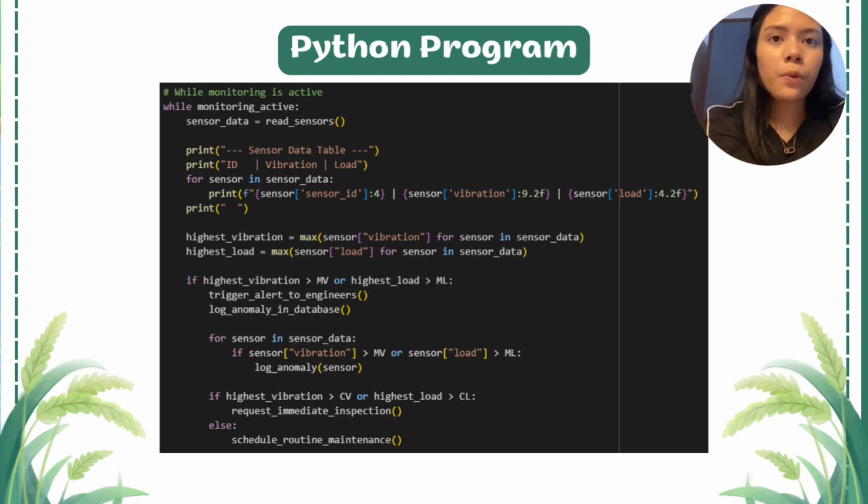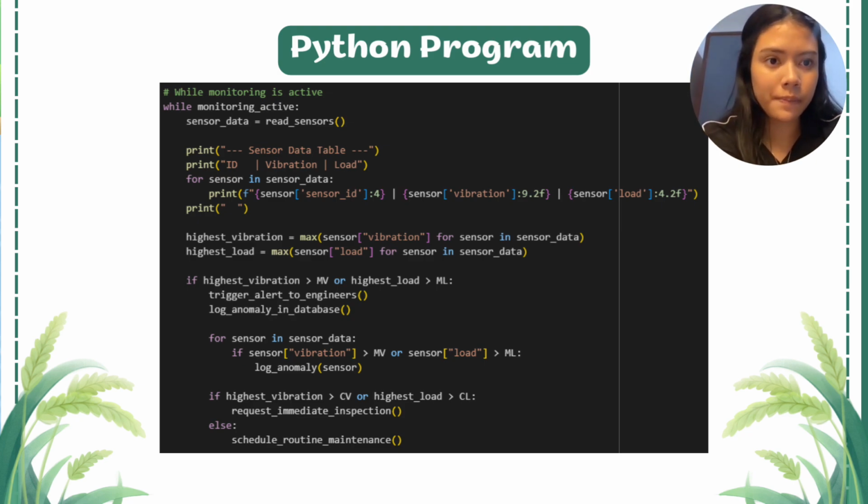Finally, it checks whether the abnormal values are critical. If they are, it requests an immediate inspection. If it's not, it schedules routine maintenance. This helps automate the monitoring process and reduce manual checking, making our bridge monitoring system smarter and more responsive.